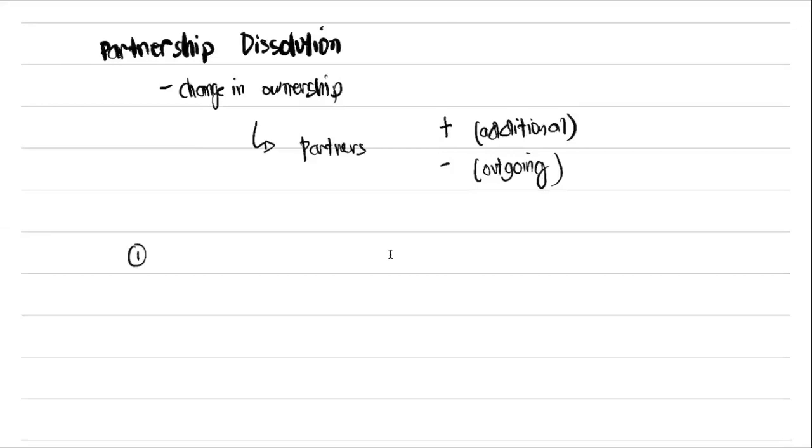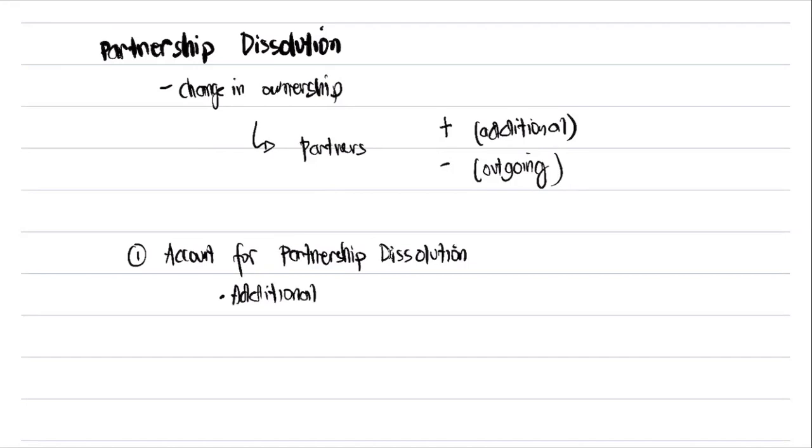Therefore, for this session, what are the topics? First, of course, we need to learn how to account for partnership dissolution, particularly for your additional partners. We call this the admission of a partner. And then we have your outgoing or your removal.